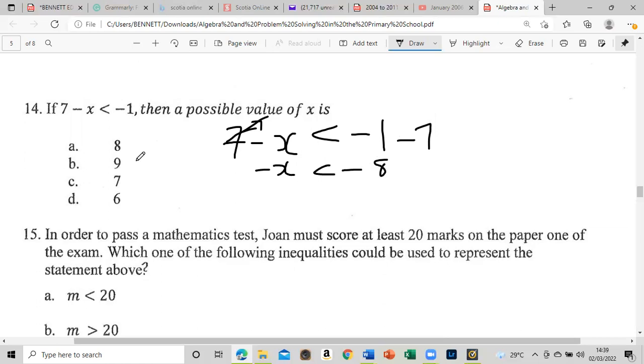We have an issue now, because this is saying negative x. So when we're dividing by a negative, we actually change the sign to greater than. And then -8 divided by -1. So this is saying x is greater than 8. And only one value is greater than 8, and that is 9.